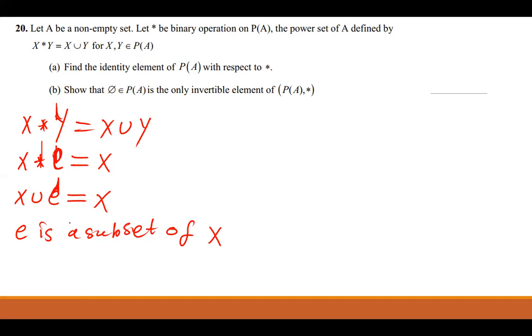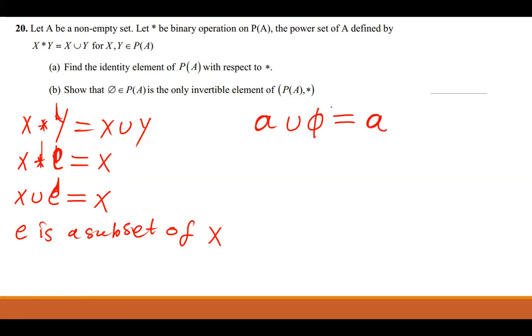So if E is a subset of X, and we know that X union E is equal to X, one of the expressions that can give you this solution is when you have, let's say for instance, A as an element in the first set, and then you say union an empty set. This is when you can have A as the answer.